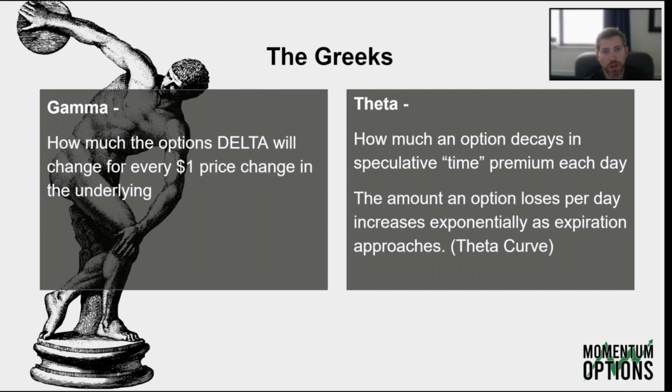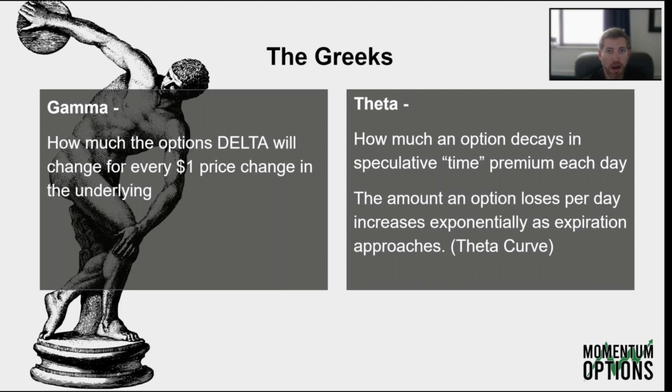And the closer you get to expiration, the faster it is removed, especially for at the money and just out of the money options. So keep that in mind, that the longer you hold on to an at the money option that stays at the money as expiration approaches, the more theta gets removed.